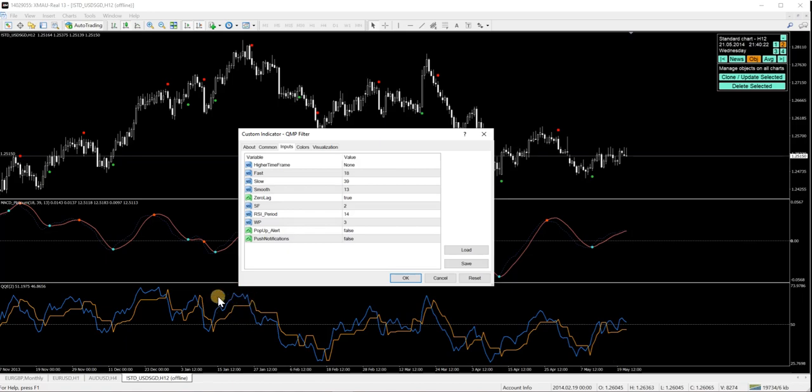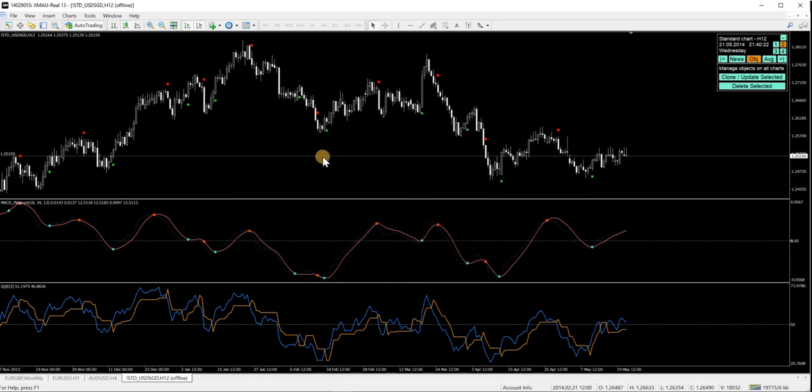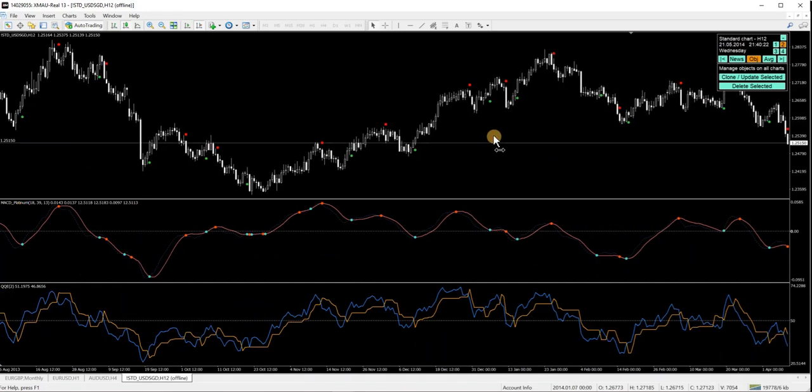So this has been changed, this has been changed, and the QMP filter's been changed. So they're all in sync together. Just basically I've added about 50% to each value of the default, just to give you something else to look at, all right? So we're still looking at the same chart. It's still the same 12-hour Singapore dollar.